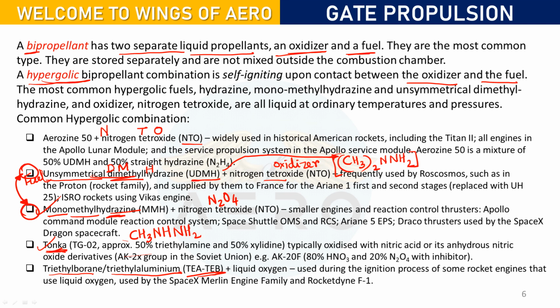Then comes unsymmetrical dimethyl hydrazine. You have to remember these names. In short, unsymmetrical dimethyl hydrazine is also called UDMH.